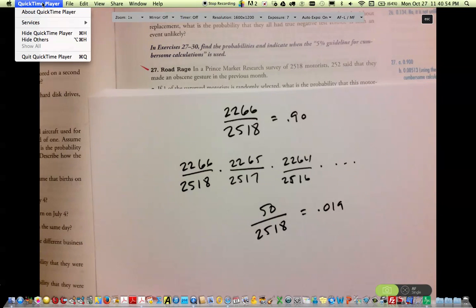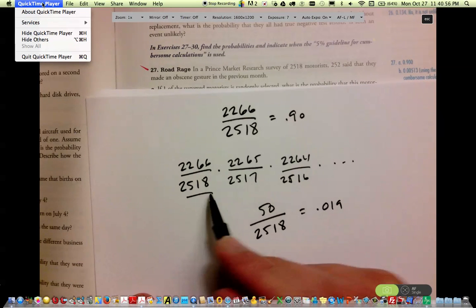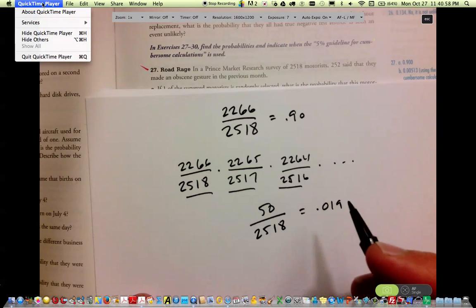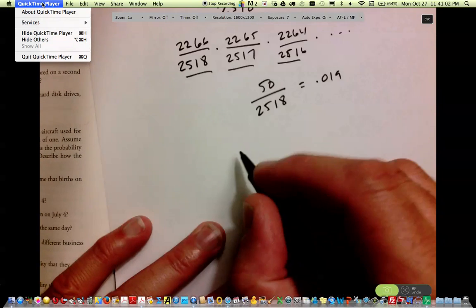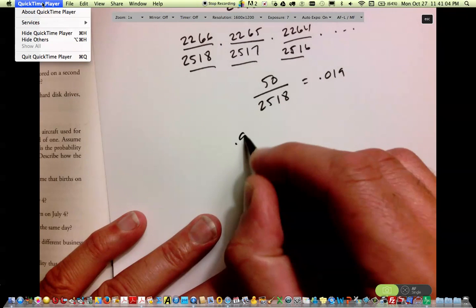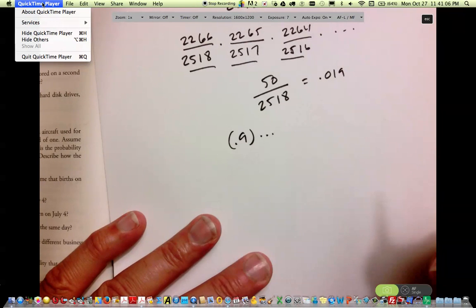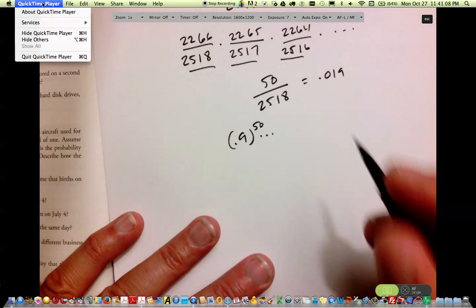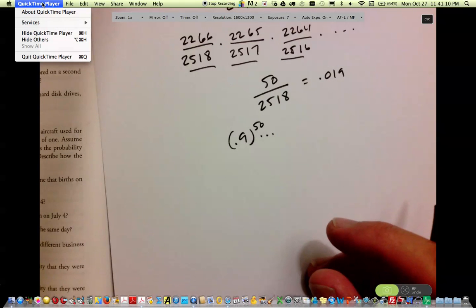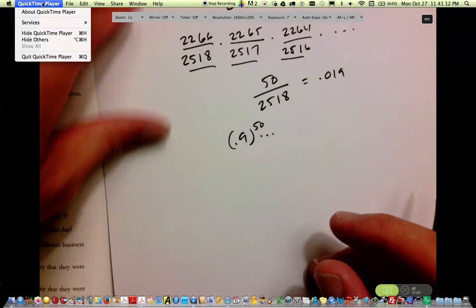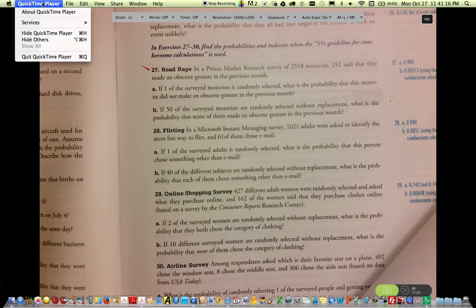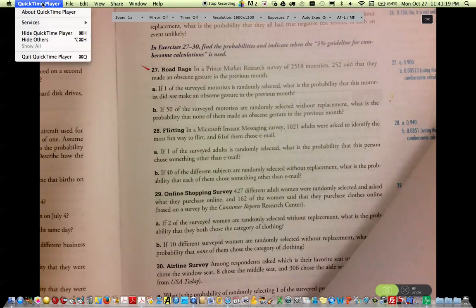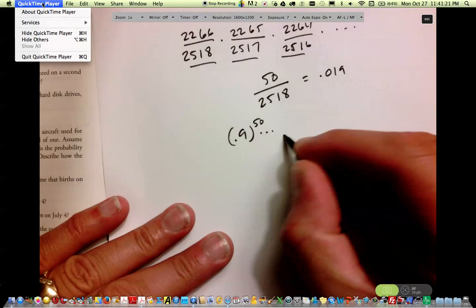All right, so here's what we're going to say. These probabilities don't change by very much, and they're all going to be just about 90%. It's going to be a whole lot easier for me to take 0.9 50 times, or just take 0.9 and raise it to the 50th power. If I do that, I'm going to get an answer that's pretty close to the right answer, which is going to be about 0.00513.